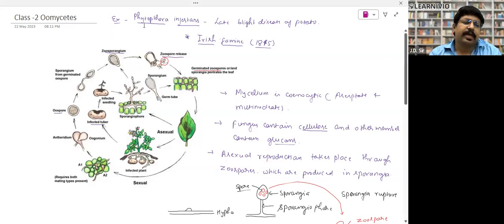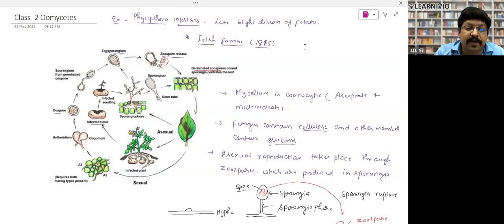Oomycetes. The example is Phytophthora infestans, the most popular disease causing fungus. It causes late blight disease of potato. In a nutshell, potato tuber rot, right? This question has been asked in multiple medical examinations.